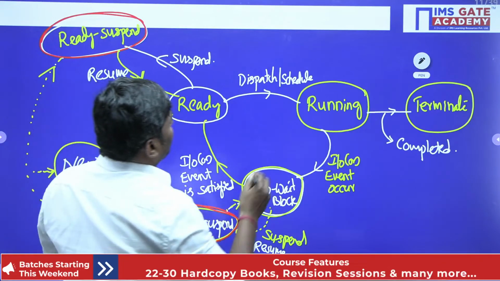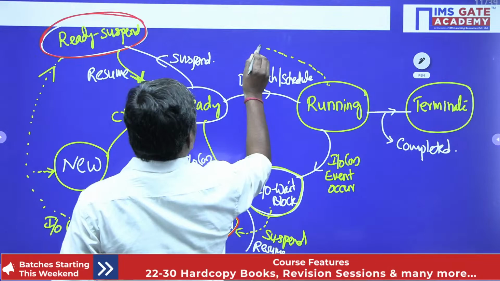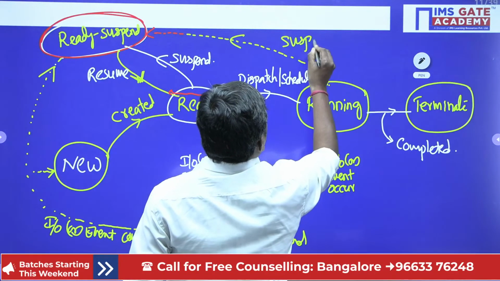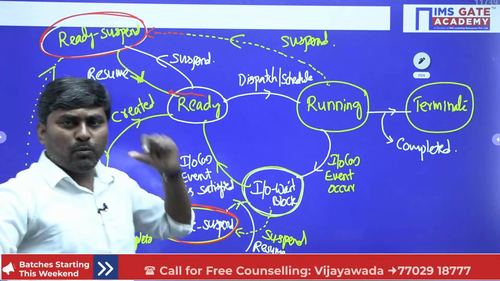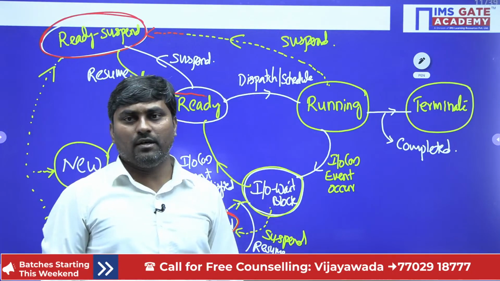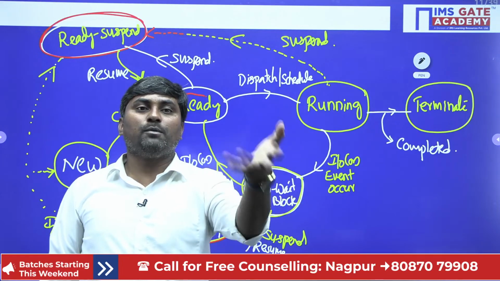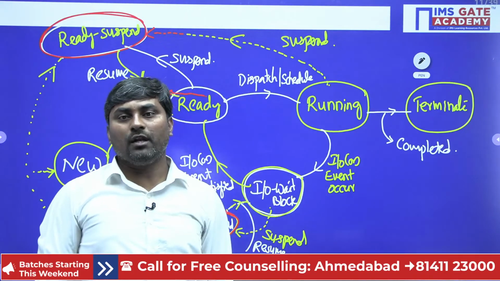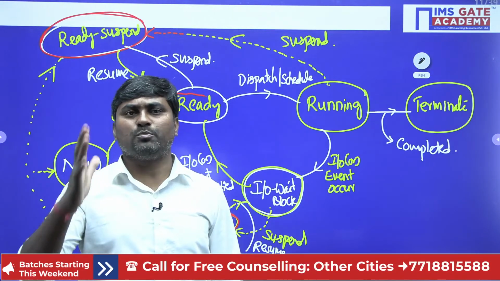In some situations, please observe, from the running state also a process gets suspended. Understand? Like there are many processes available, one process running here, assumption. The operating system is willing to take an additional process into memory for execution. Okay, memory is not available. So generally the operating system will choose some lower priority process for suspension.